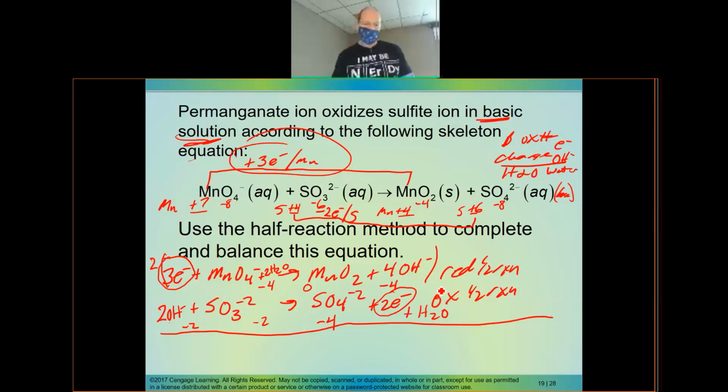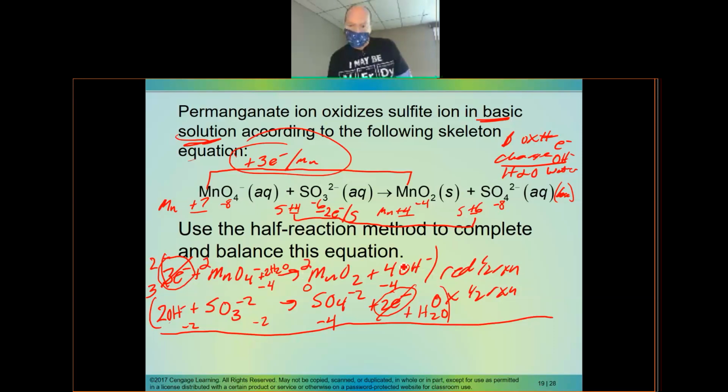And then we're going to multiply this whole reaction through by 3 in order to also get 6 electrons lost. All right, and so now we have our 6 electrons, and our 6 electrons, they are going to be gone. Now when we multiply this through, so now we have a 2 for our MnO4 minus. We have our 2 for our MnO2.